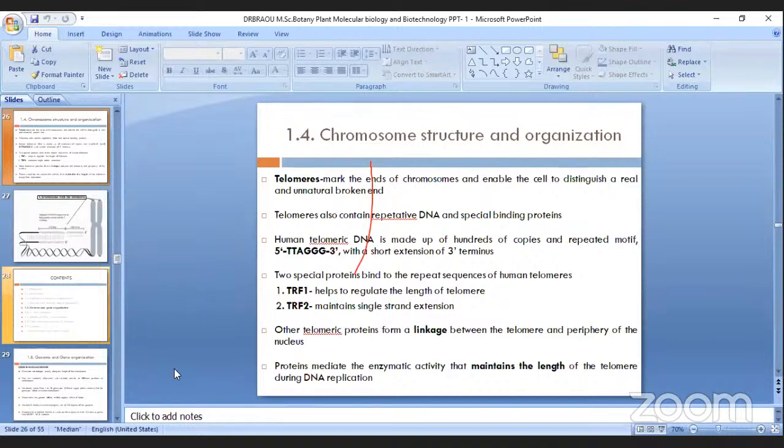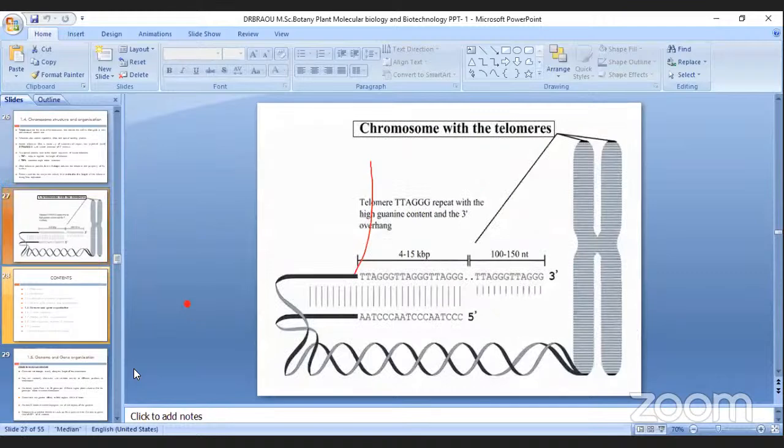These proteins also help in mediating enzymatic activities. So this is the telomere, and you can see the repeated motif here.